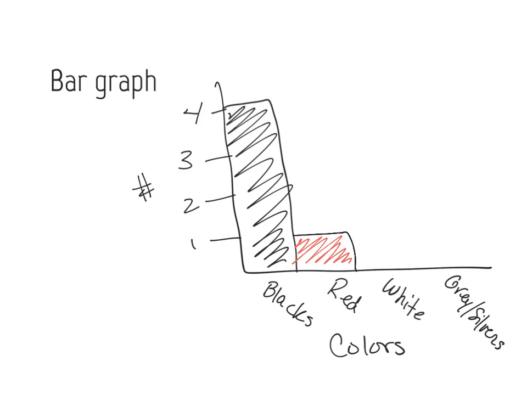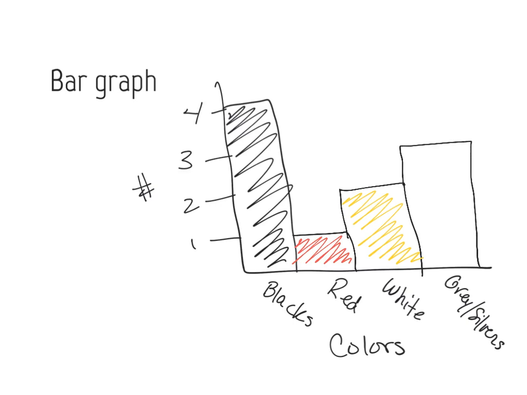White cars, I remember we had 2, so I'm going to go up to 2. I'm going to color that in yellow because you won't be able to see the white. Gray and silver, we had 3, so I'm going to go up to 3, and I'm going to use that green color just to use something different. So there's our bar graph. Simple as that, make it easy.